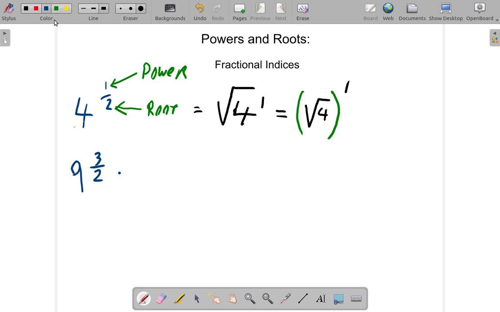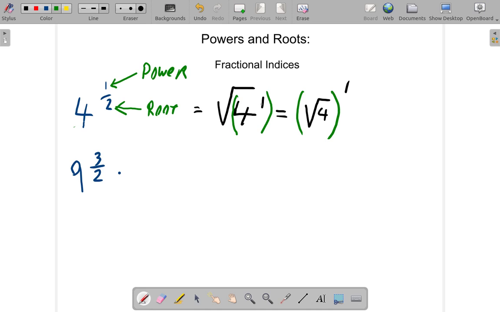Or I could say I want to find 4 to the power of 1 and then find the square root. It doesn't make a difference. Although with bigger numbers you will find that it's easier on you when you find the root at first instead of raising to the power at first. But in any case, you get the same answer.